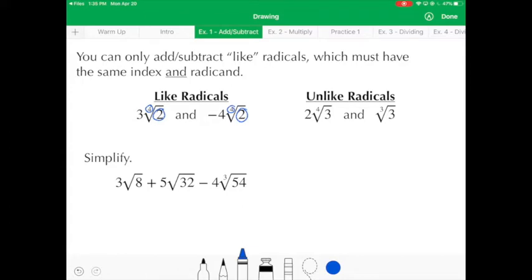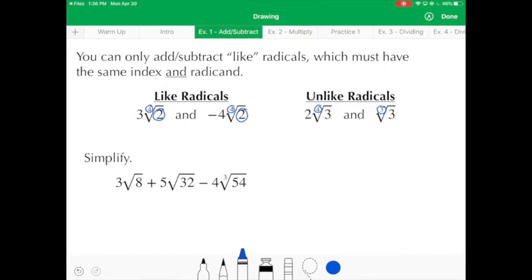Now, I also have an example of unlike radicals. 2 times the fourth root of 3 and the cube root of 3. Notice that both of those radicals have the same radicand, but their indices are different. So those would not be able to be added or subtracted from one another.